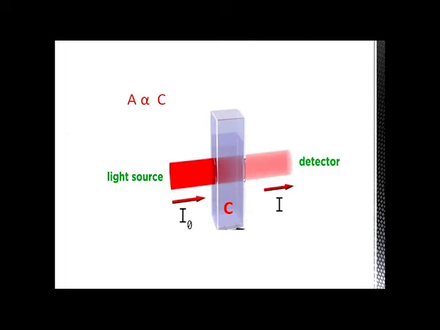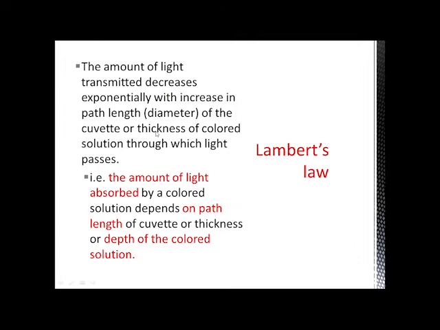So, the light source enters this solution and is transmitted, the intensity is decreased, and it is proportional to the concentration of substance present in the solution. That is Beer's law. Next is Lambert's law.